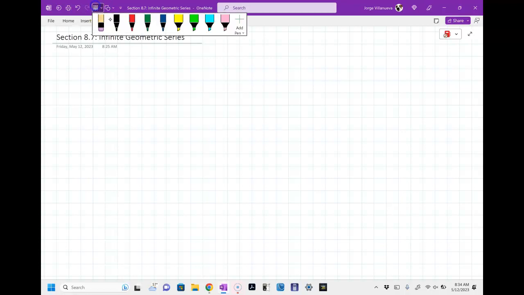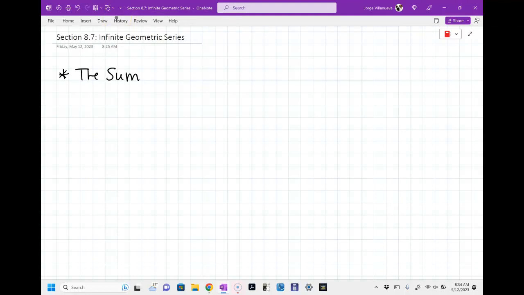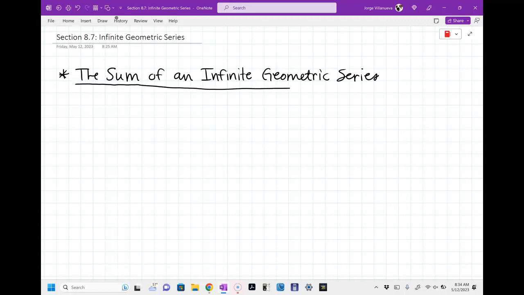All right, so let's find the sum here. Let me give you a definition. The sum of an infinite geometric series. You'll notice something right away that's a little different. There's no subscript on the S. It's just the sum.